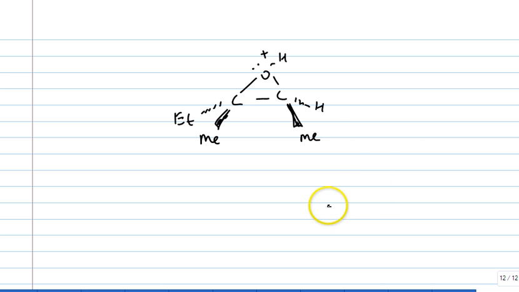So what we end up getting is this. The water that came in on the bottom is going to end up here. This one breaks off on the top, so it goes here.